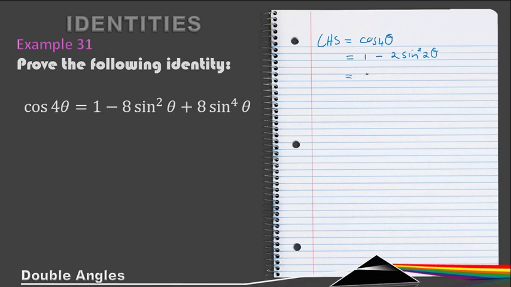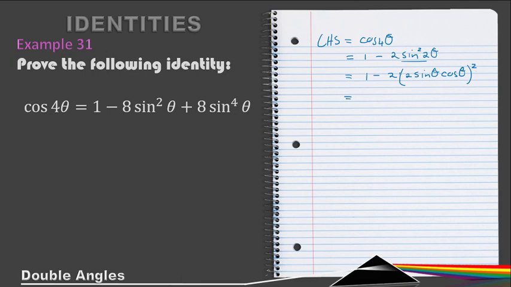So this is then 1 minus 2, and this is 2 sine theta cos theta, so this is all squared. So you see I've replaced my double angle with its identity, but it is squared. So I have a square on the outside.